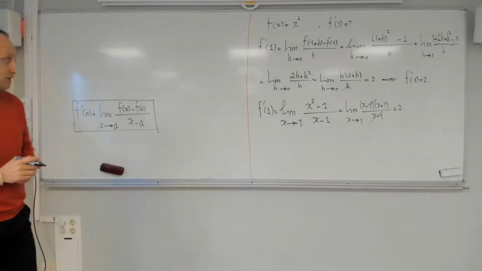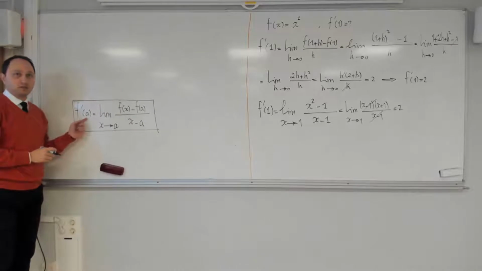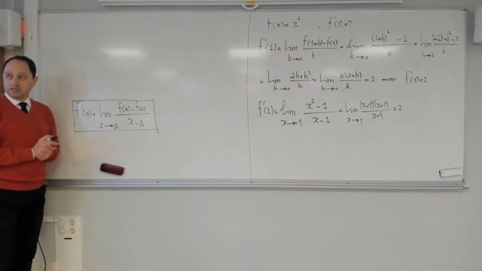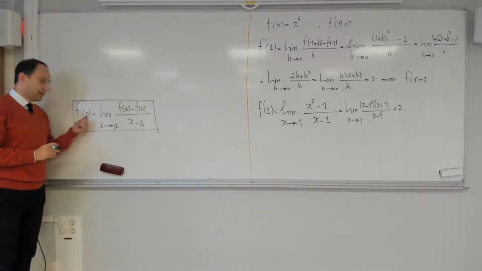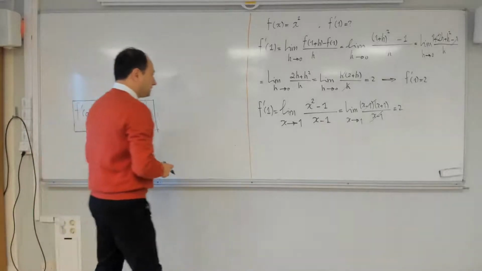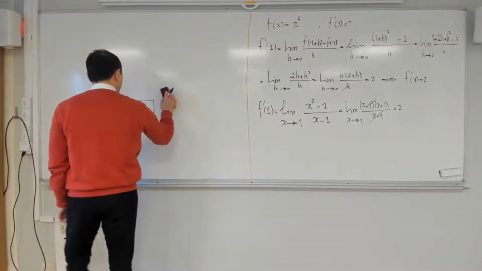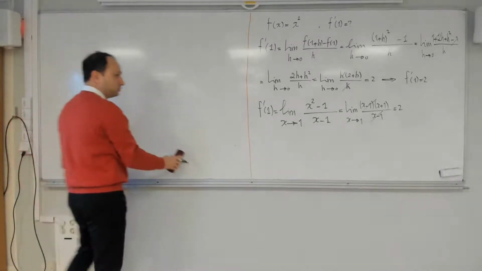Okay, in that case, if the limit does not exist, it means the derivative does not exist. And if the derivative does not exist, we say that the function is not differentiable at that given number. Okay? I just want to talk a little bit about that. At some point, you have to learn this. I remember this was an example in Math 3C, at least in the Oracle book.